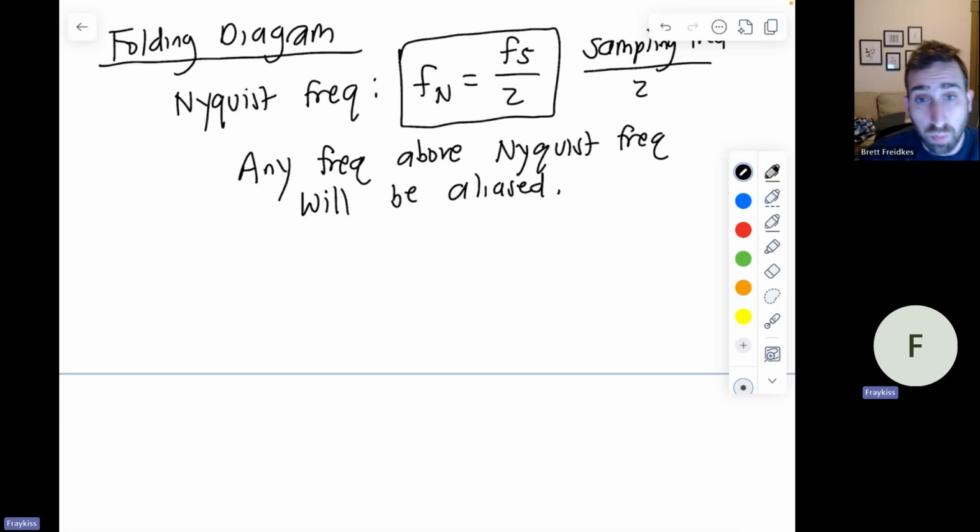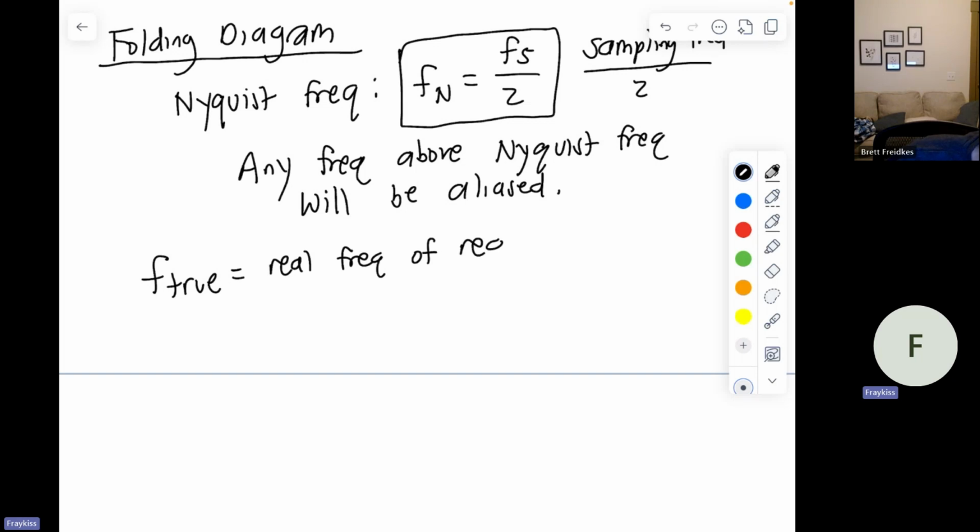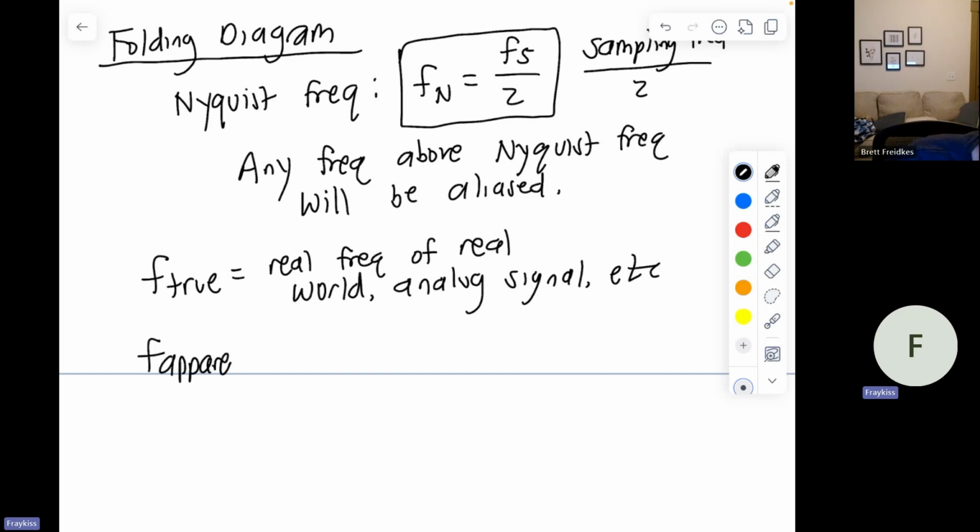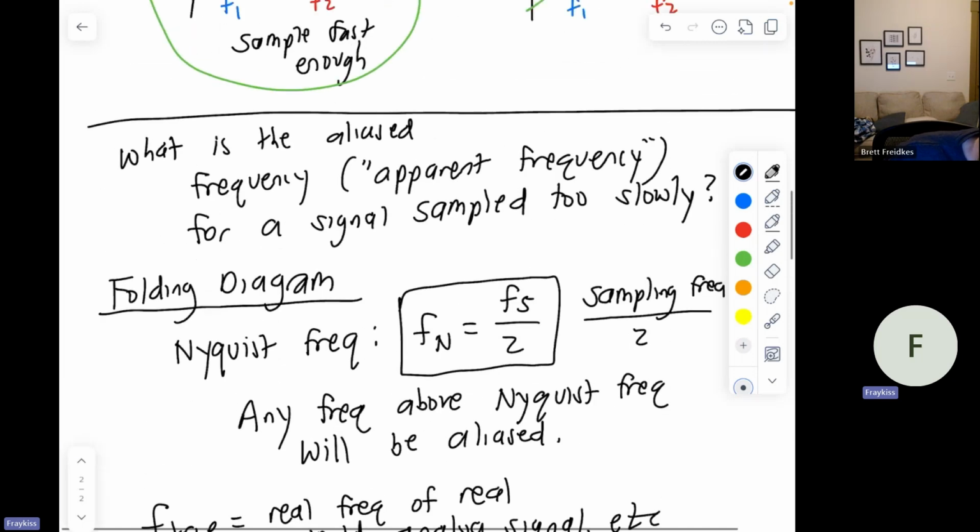I'm going to define a few more variables here. I'm going to say that F true, this is the actual frequency of the real world, the analog signal, etc. And F apparent is exactly what I was talking about here.